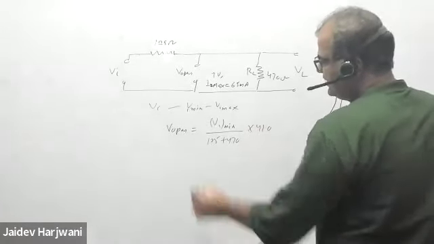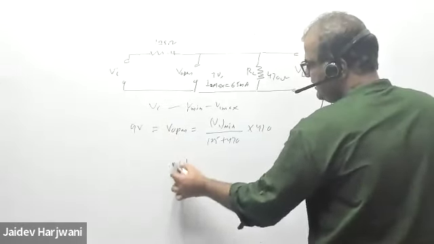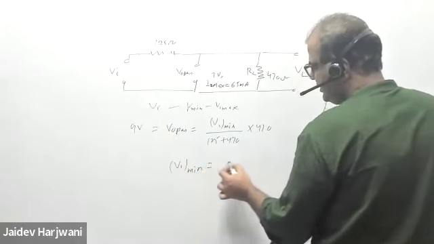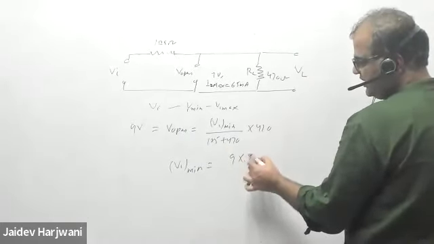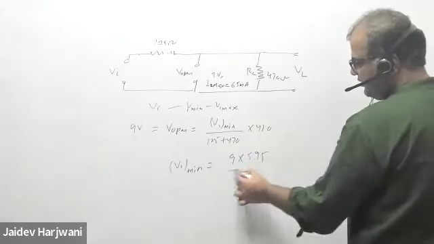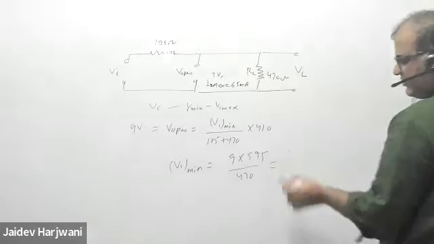And V open is 9 volt, I want minimum 9 volt. So my V minimum will be 9 into 595 divided by 470. What is the value coming? Tell me.